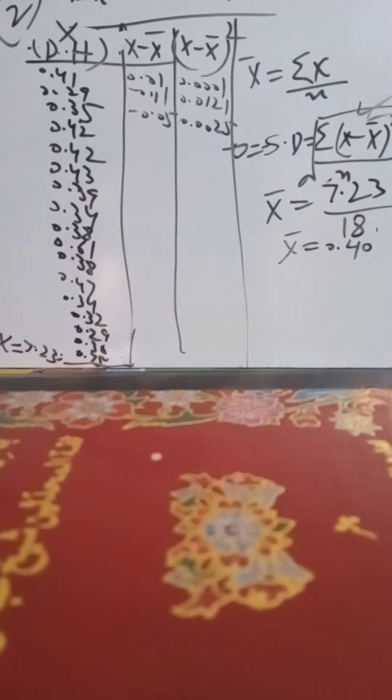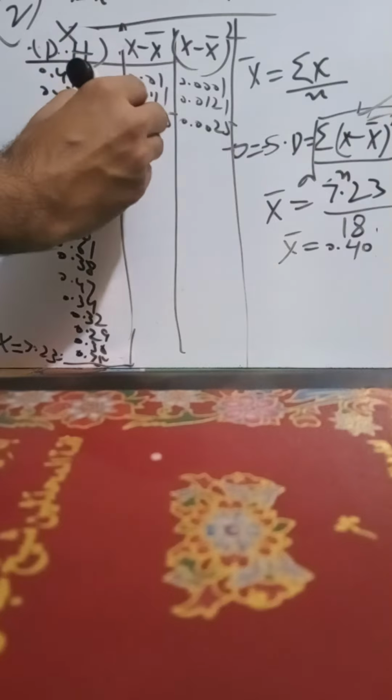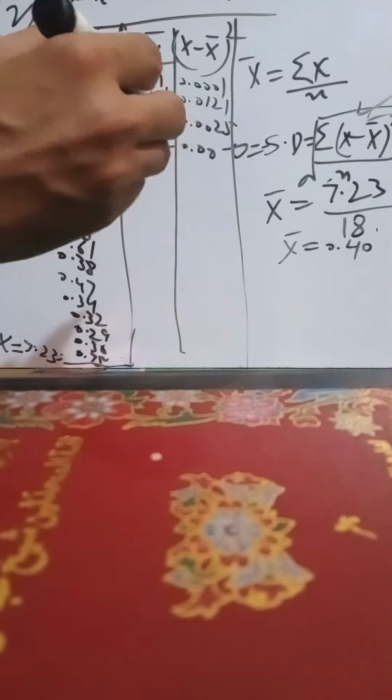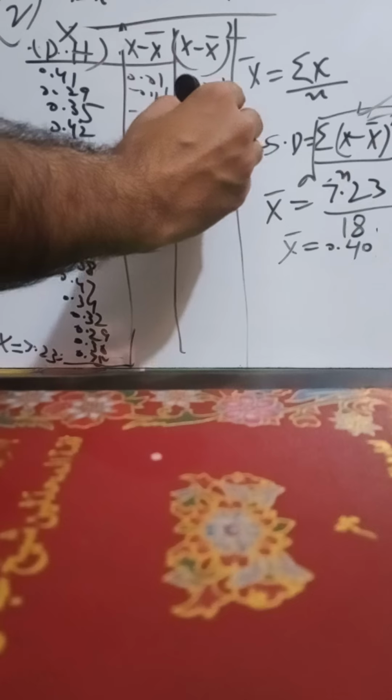0.0025. Then we got 0.42 minus 0.4, 0.02, and its square is 0.0004.